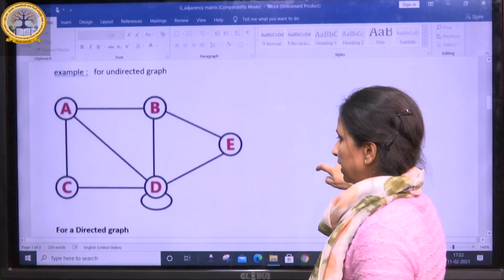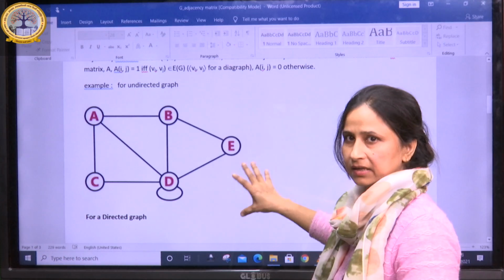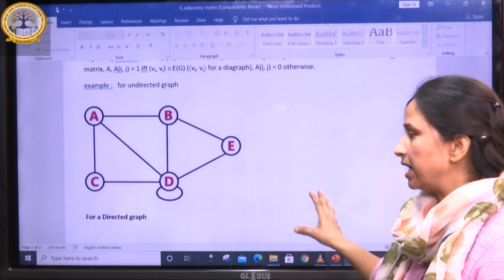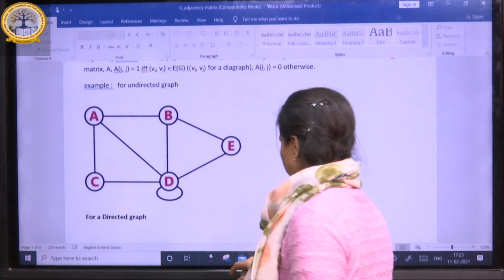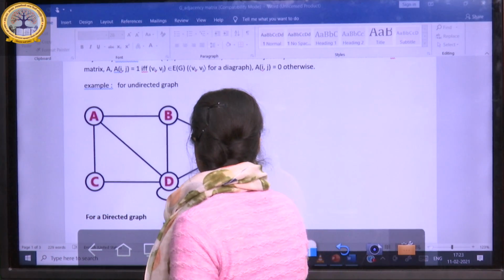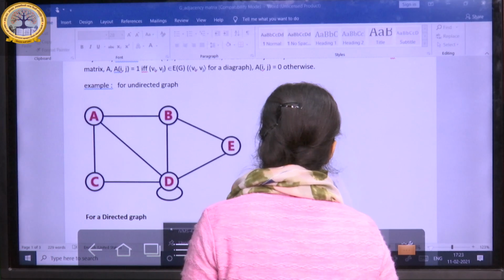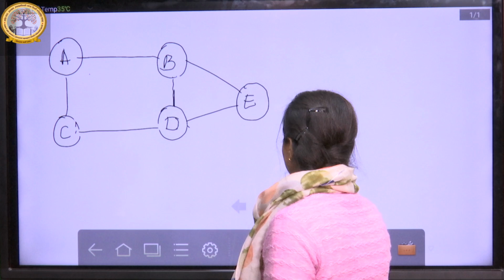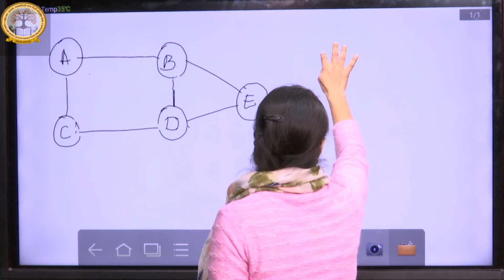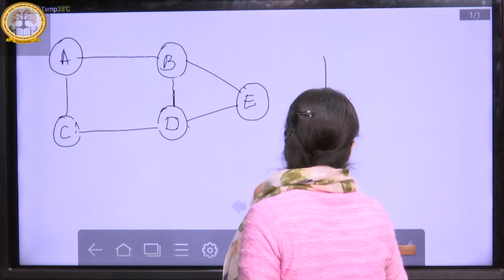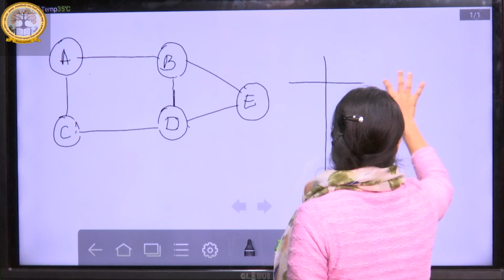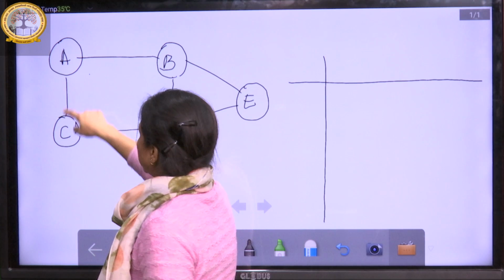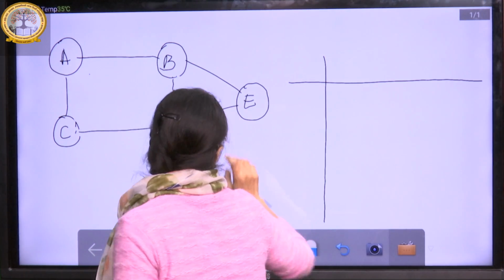Here is a graph, and it is an undirected graph, and we are going to make the adjacency matrix for this undirected graph. In this graph, A, B, C, D, E are the vertices.